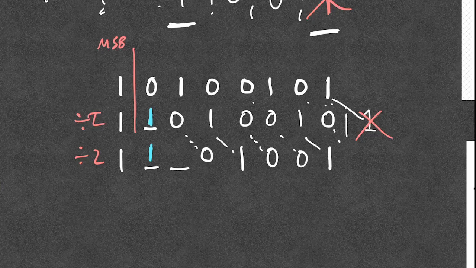And the 0, we've lost that 0, but it didn't really matter because the 0 didn't contain any information. And then we've got to make sure that we fill in that gap with the value of the MSB again. So let's just actually figure out what that value was in the first place.